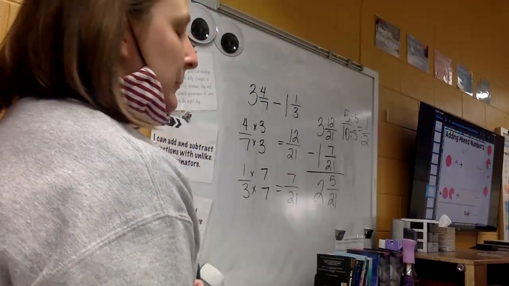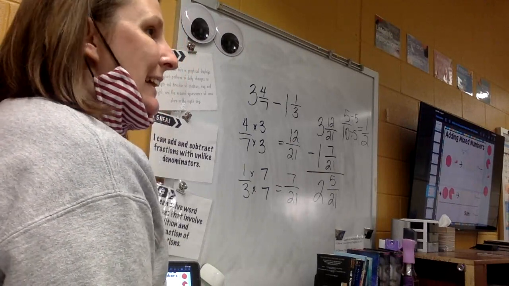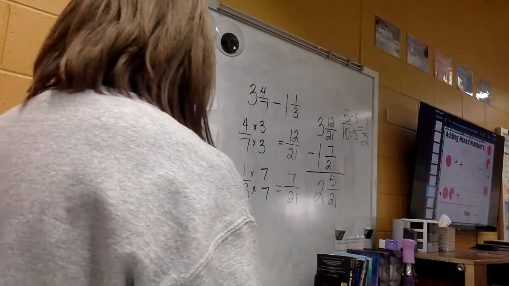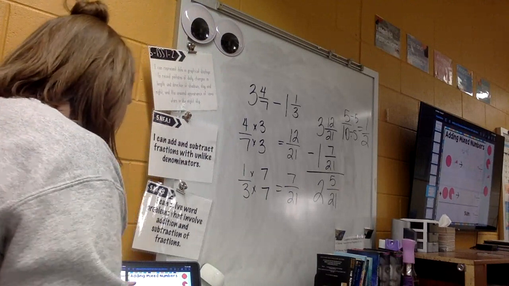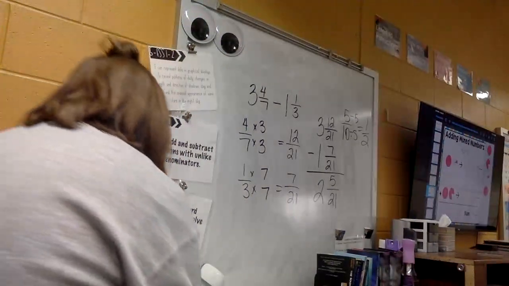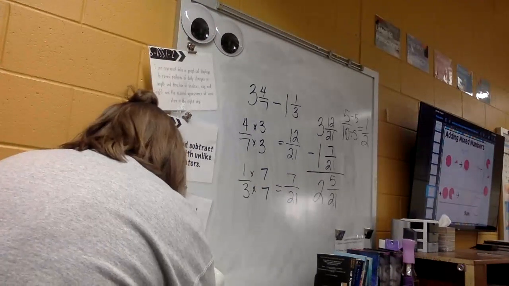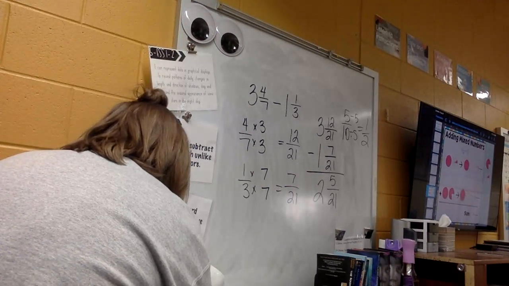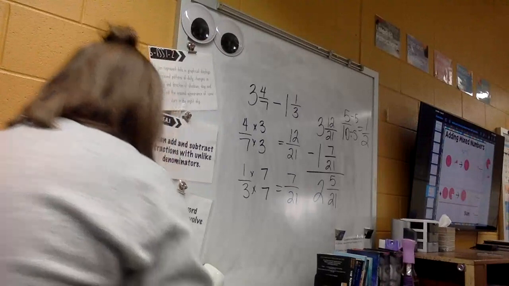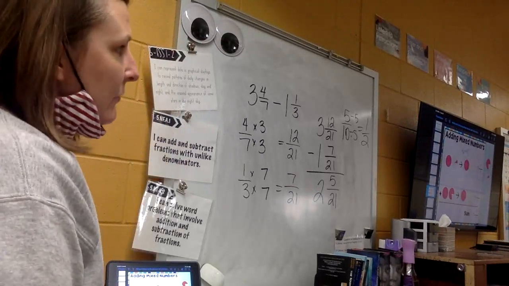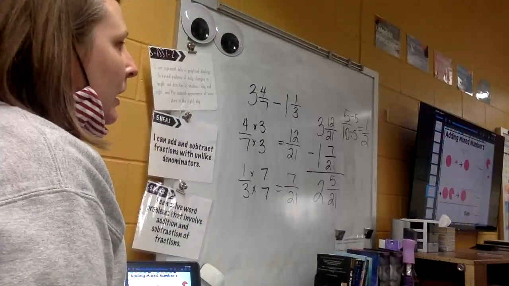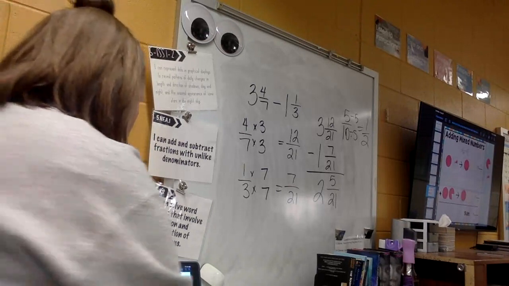I have 10 and I have 5. 10 is a multiple of both of those numbers. So I know I still have a whole for both of these. I'm going to drag my whole where it needs to go. My common denominator is 10.